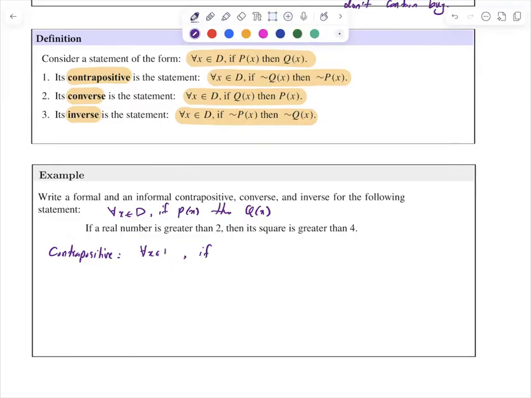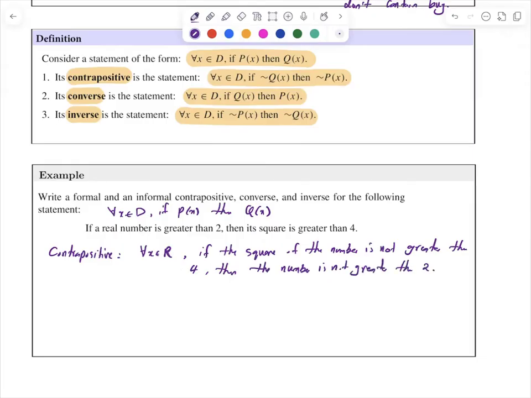For any real number x, if the square of the number is not greater than 4, then the number is not greater than 2. So this is the contrapositive.